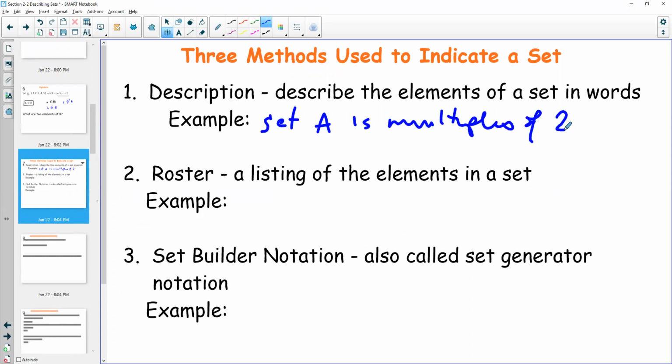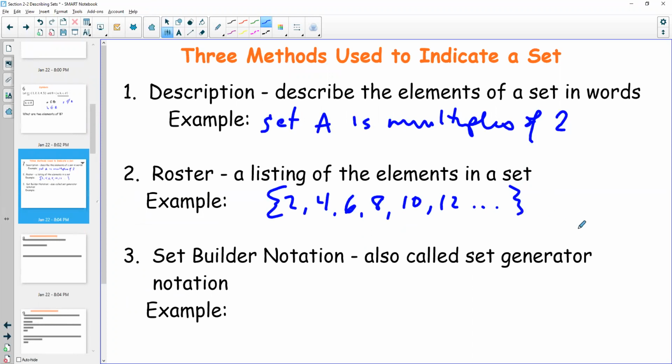When we do a roster, basically we actually write the things out. So if I'm going to do multiples of 2: 2, 4, 6, 8, 10, 12, and then if I add those 3 little dots at the end, the ellipsis, it just says it keeps on going forever. So there's a roster. It's a listing. It's like a roster for a football team. It tells you who's on there.